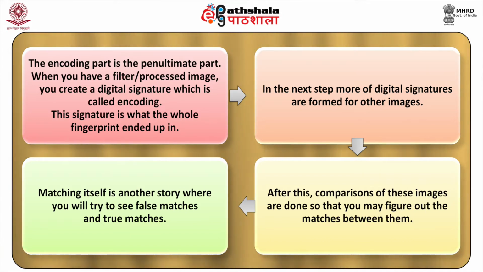In the next step, more digital signatures are formed for other images as well. After this, comparisons of these images are done so that you may figure out the matches between them, or you can compare them based on certain match points. Matching itself is another story, where you will try to see the false matches and the true matches.